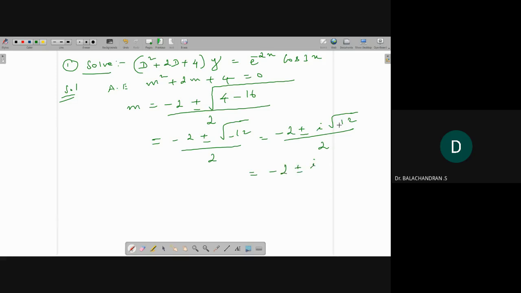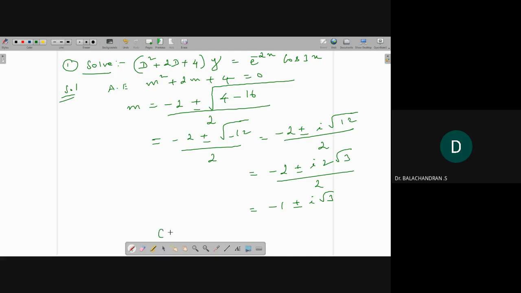So i 2 root 3 by 2, giving -1 ± i root 3. So alpha is -1 and beta is root 3.